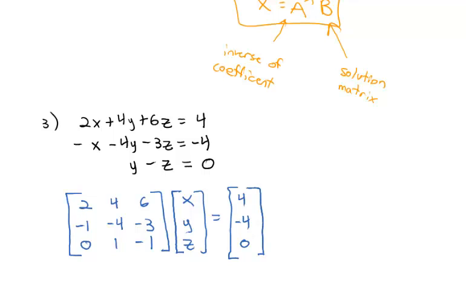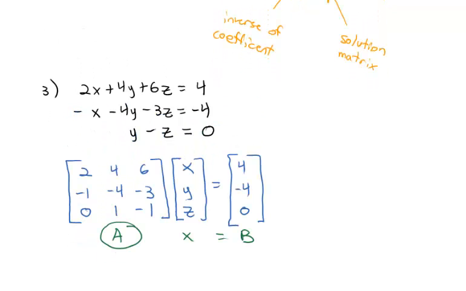And now this is the Ax equals B matrix setup. If we can find the inverse of A and multiply it by matrix B, that will give us our solution.